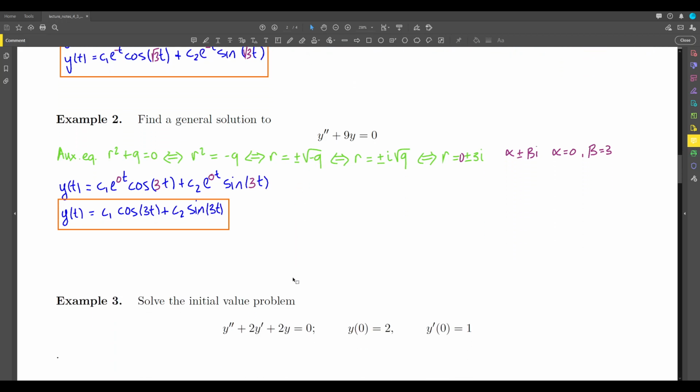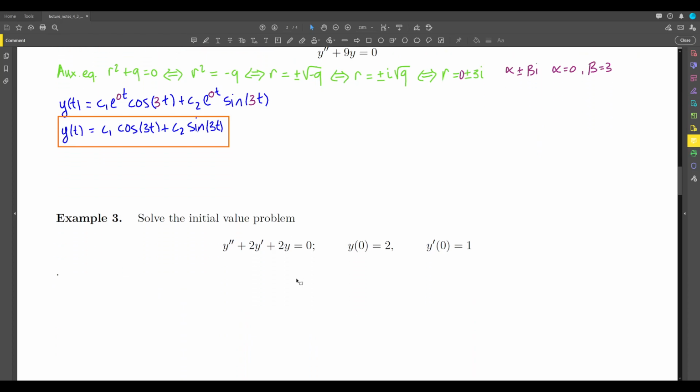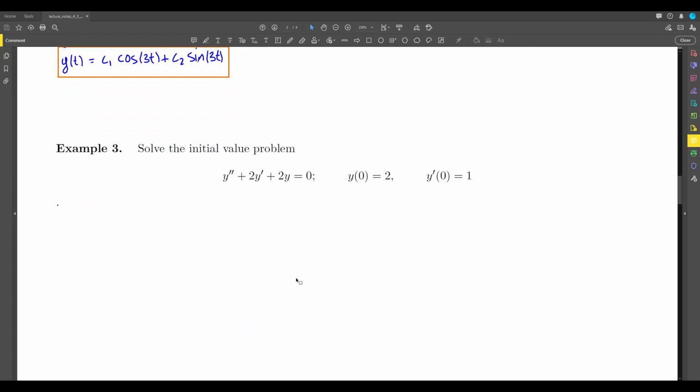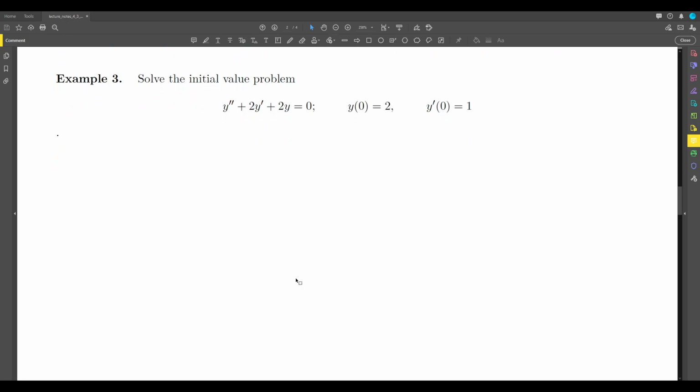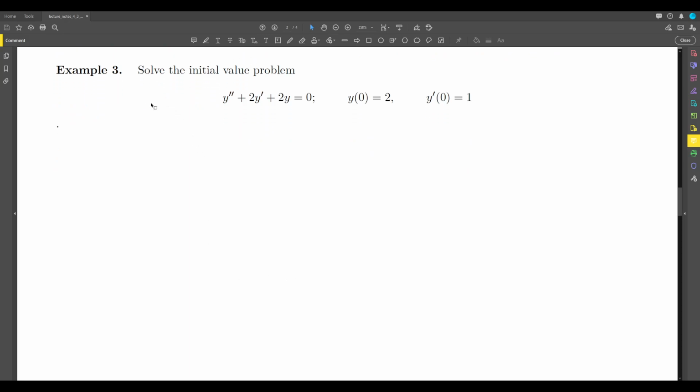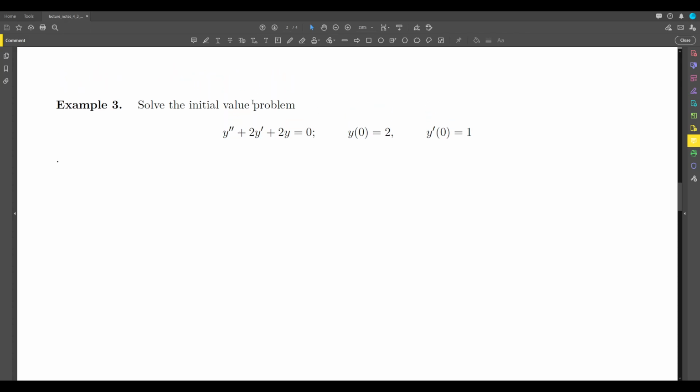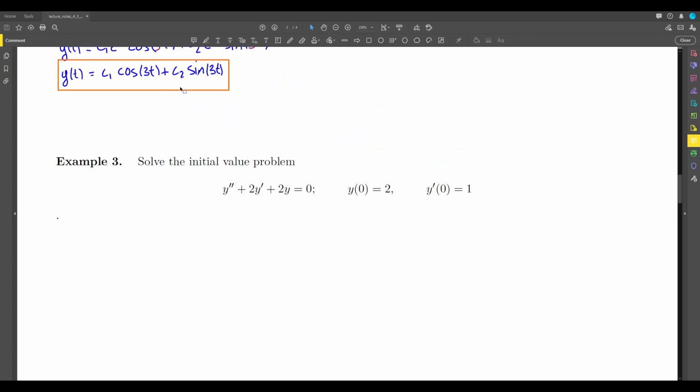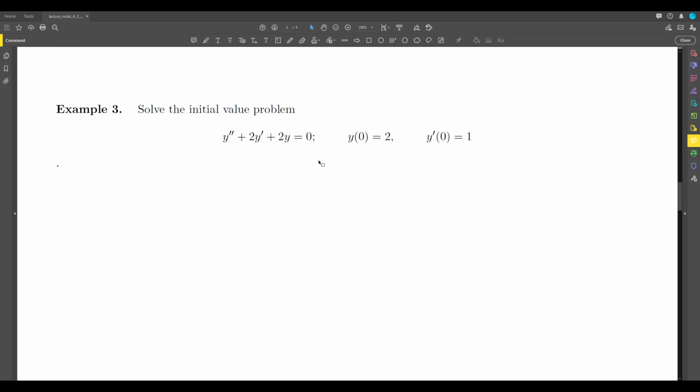Okay, the final example for this video is to solve an initial value problem. So we have a problem that basically looks like the two we've done before, but now we have two initial values. So we'll see how we can use that to find our values for C1 and C2.